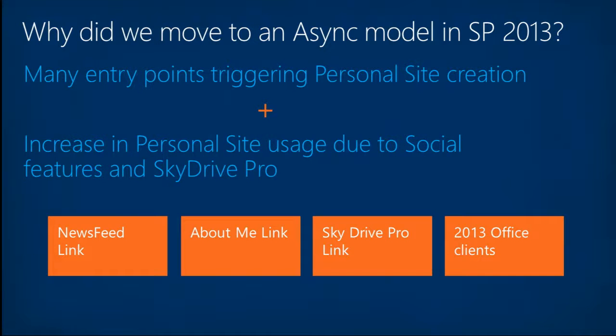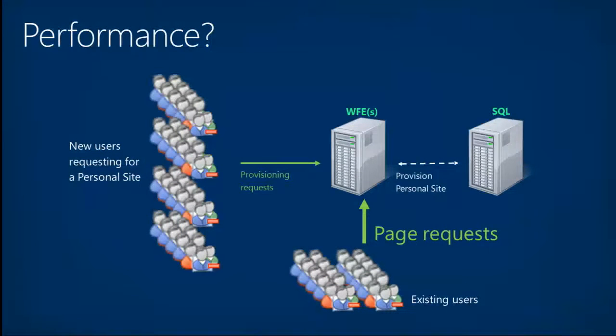But what we felt was, just because we've enabled all these entry points across the browser and the Office 2013 client, this is something which we wanted to plan for, where, of course, we had a bunch of existing users trying to use SharePoint, but there could be this large set of users coming in at very short period of time to try and provision a personal site.